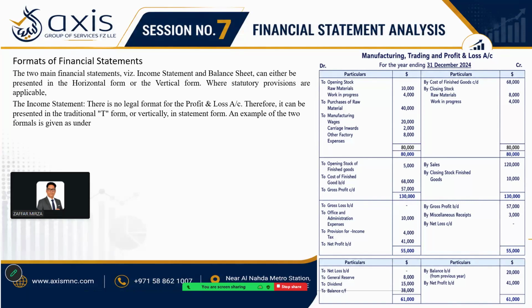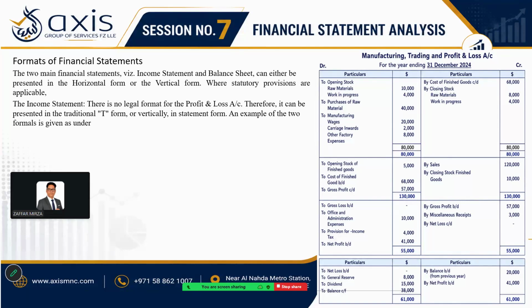So in the manufacturing account, we have the opening stock of raw material and work in progress. The opening stock in the trading account is not the raw material or work in progress. So first we prepare the manufacturing account, in which we find the cost of the finished product, because here there are no purchases of finished goods.